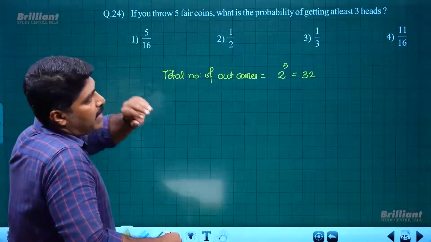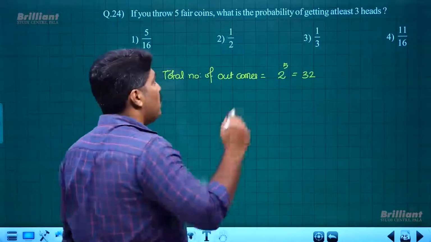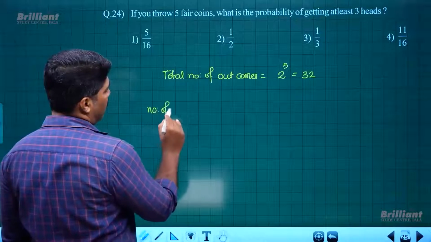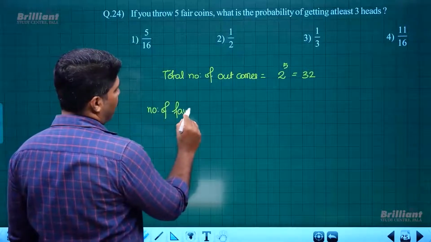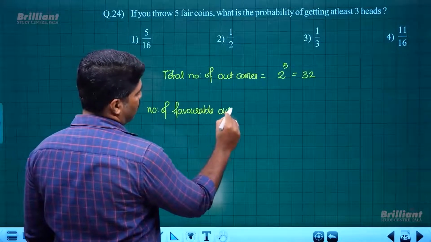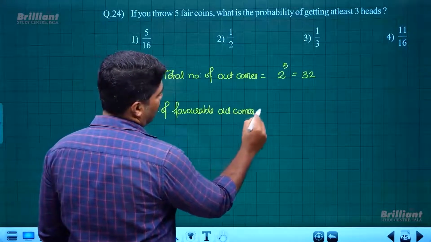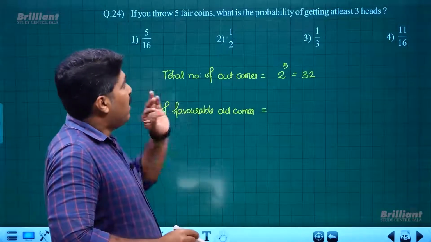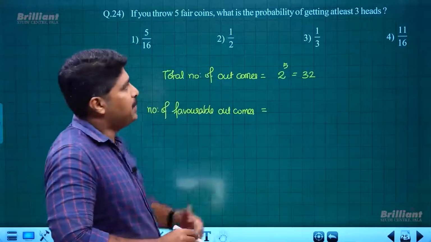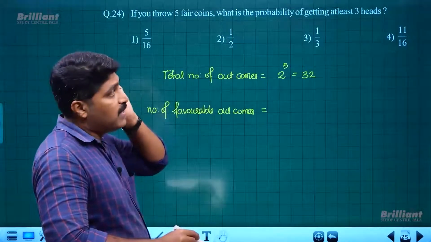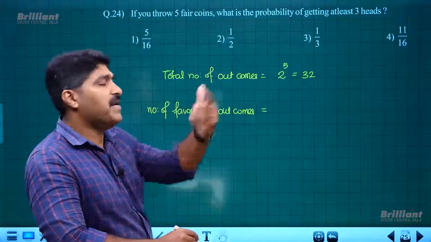So the probability of getting at least 3 heads. So there are 5 coins. Number of favorable outcomes. How is it? That's a combination result. Here we have 5 coins. We are throwing 5 coins. At least 3 heads means it can be 3 heads, 4 heads, or 5 heads.